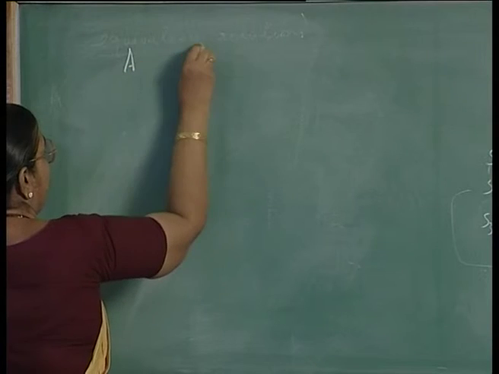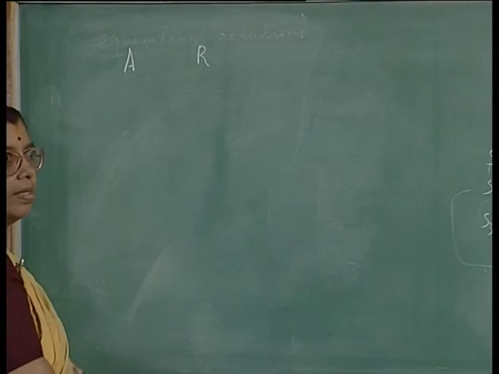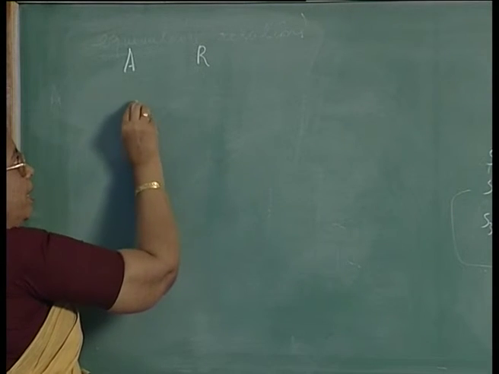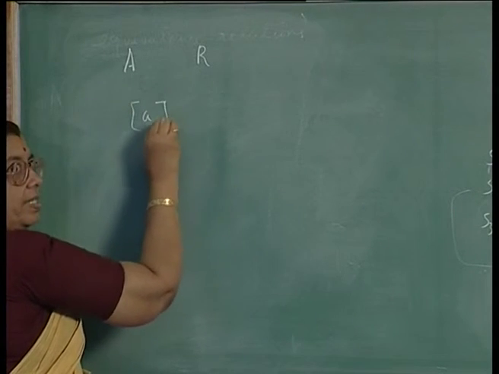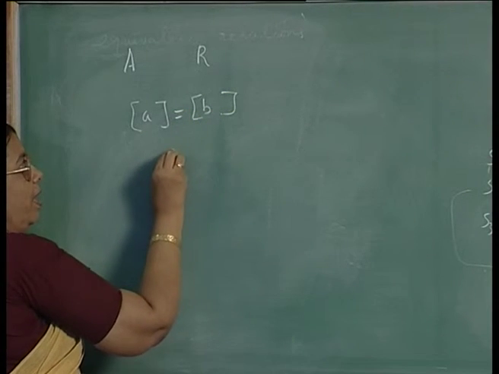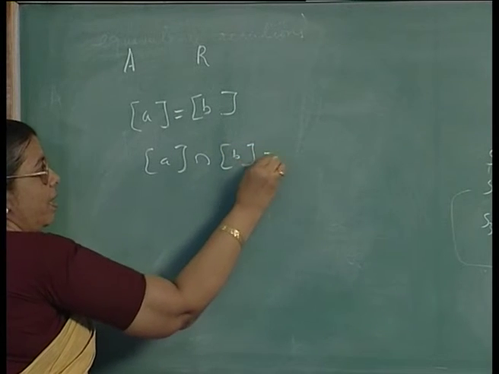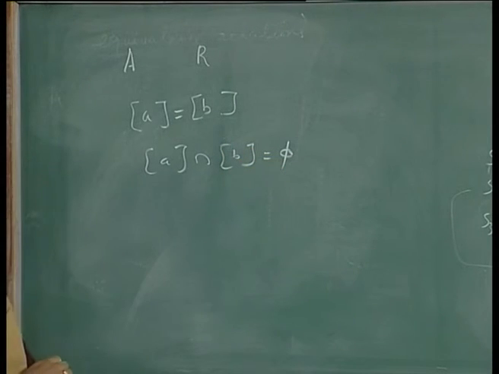Let A be a set and R be an equivalence relation on the set. Then if you have two equivalence classes, either they are equal or they are disjoint. This is what we want to prove.